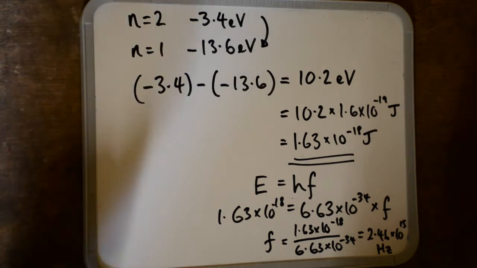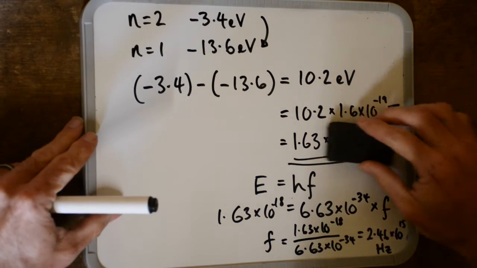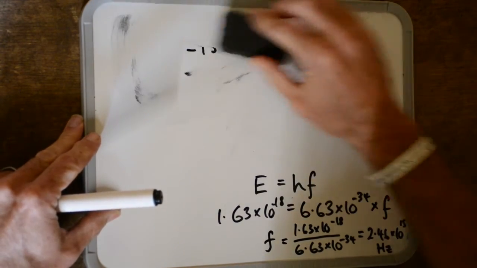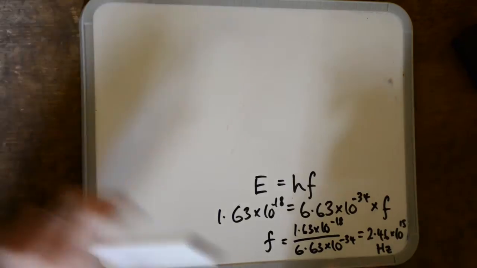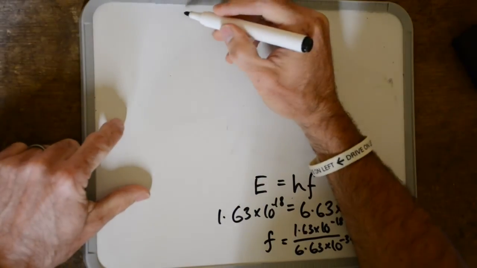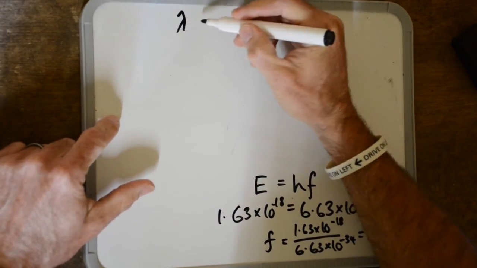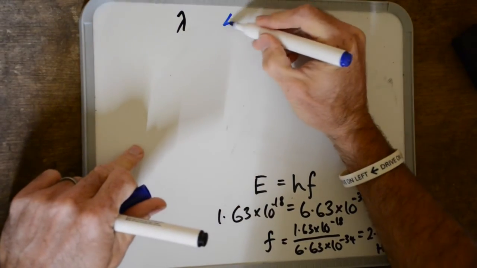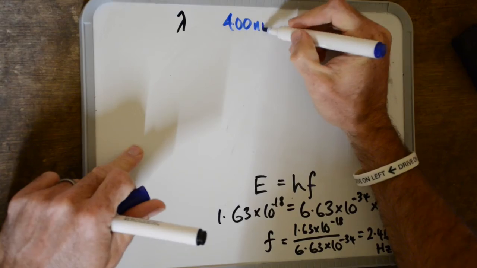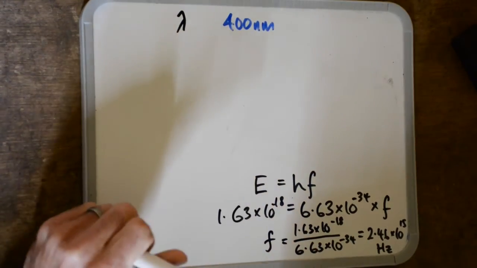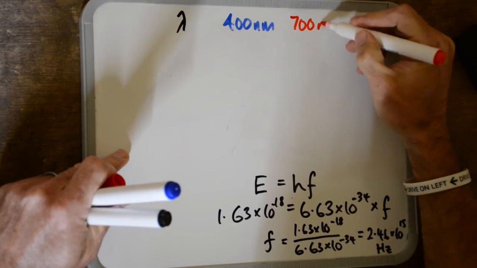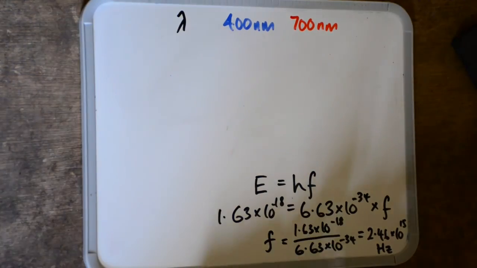Now, off the top of our heads, we probably don't know whether that's in the visible light range. What we do know is that the wavelengths of visible light are from approximately 400 nanometers at the violet end of the spectrum all the way up to about 700 nanometers at the red end of the spectrum.